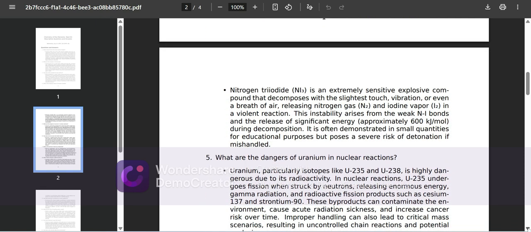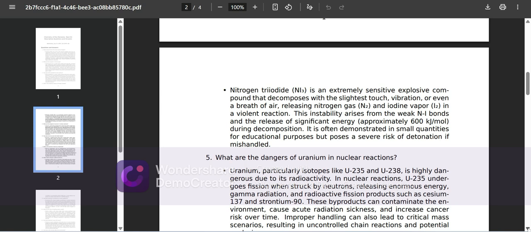Nitrogen triiodide is an extremely sensitive explosive compound that decomposes with the slightest touch, vibration, or even a breath of air, releasing nitrogen gas and iodine vapor in a violent reaction.